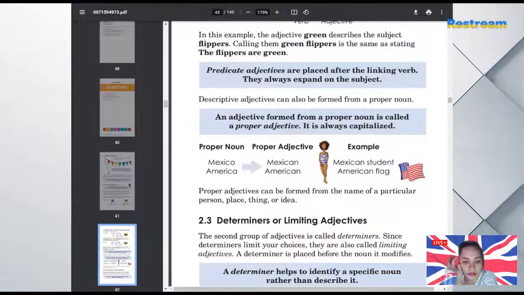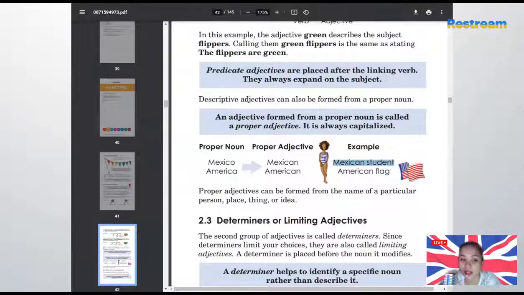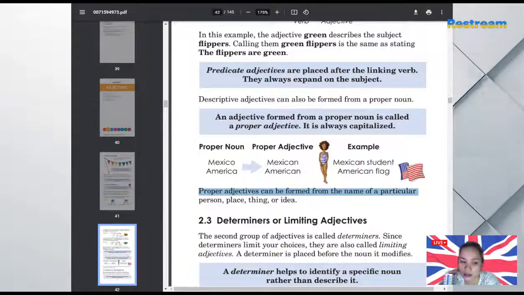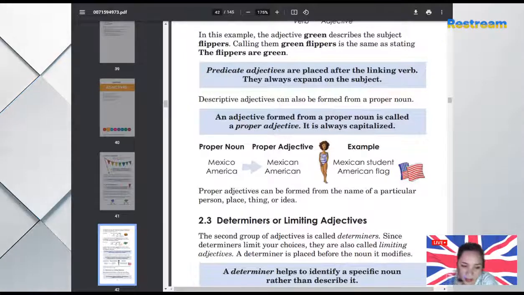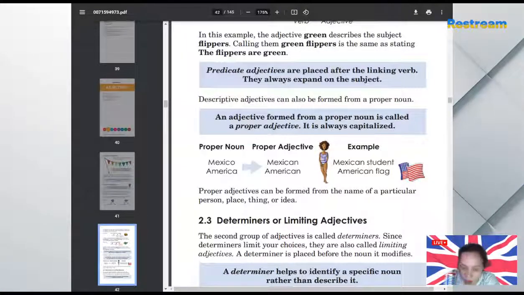We have the Mexican and then we add a student, and we also have an American and we add the flag. Proper adjectives can be formed from the name of a particular person, place, thing, or idea. So yes, we will use this proper adjective if the noun or the name in the sentence is a proper noun.